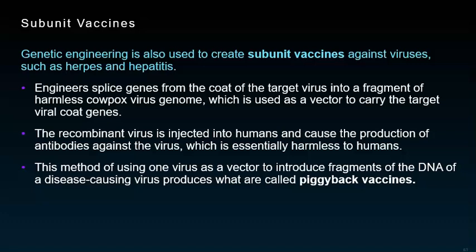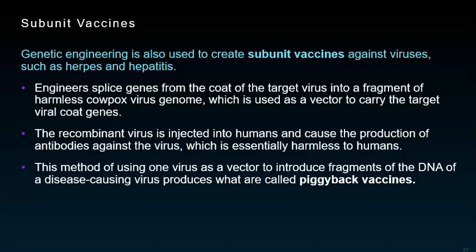The recombinant virus will be injected into humans and cause the production of antibodies against the virus, which is essentially harmless to humans. So this method of using one virus as a vector to introduce fragments of the DNA of a disease-causing virus produces what we call piggyback vaccines, because we have one piece of that viral component that would cause us harm.